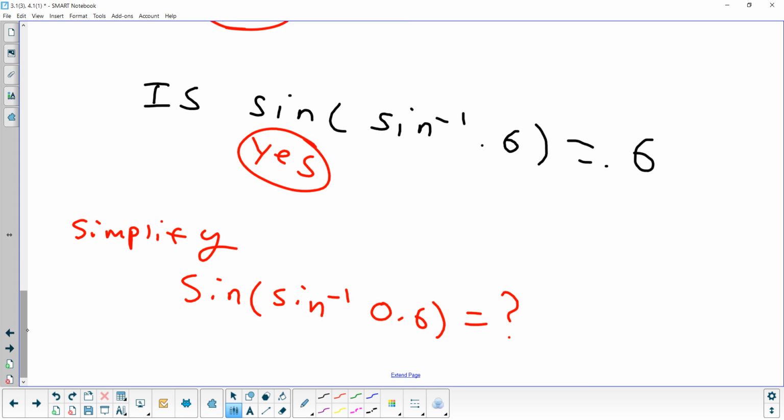You don't even have to tell me an exact answer. Like if something says simplify or evaluate, what are they looking for? For an answer. So what if something in math says evaluate?